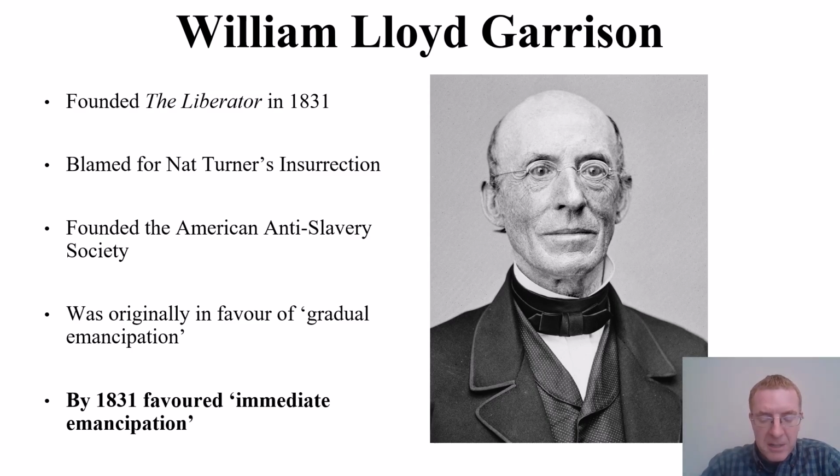And we get to 1831, early 1831, with the first publication of The Liberator. Garrison posts an article where he openly states that he has changed his views, and he now favors immediate abolition, that all slaves be set free immediately, and that no slave owner should be compensated for their sins.